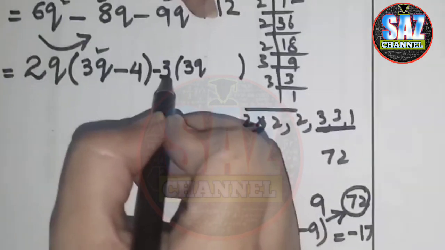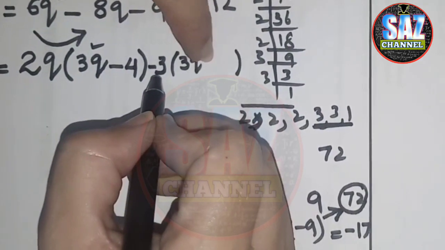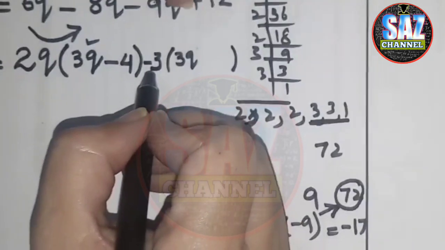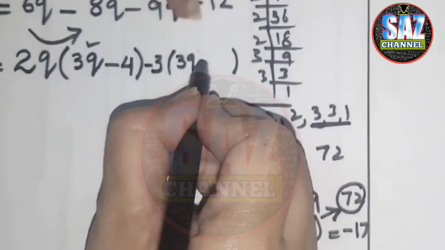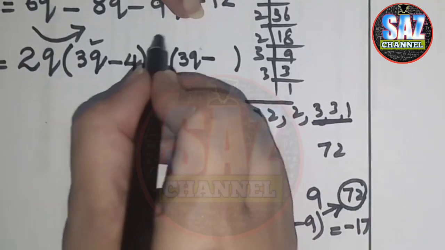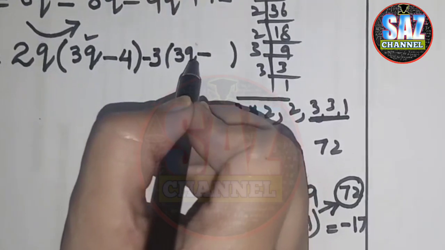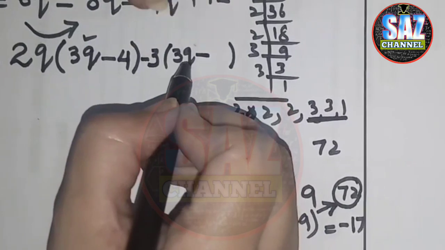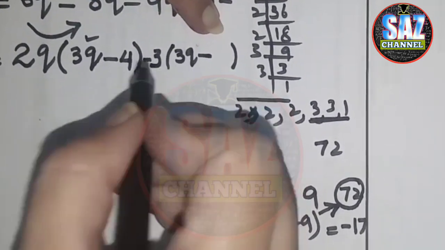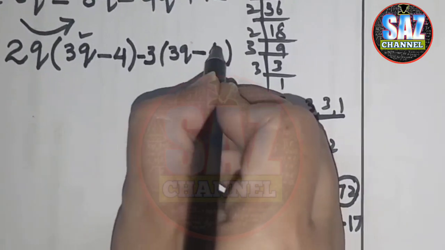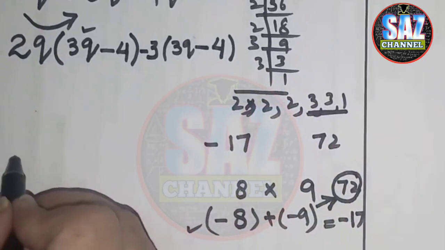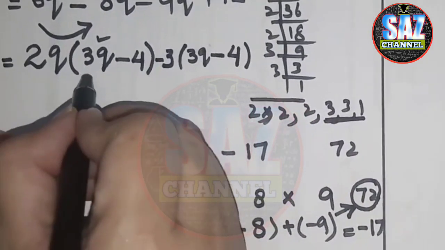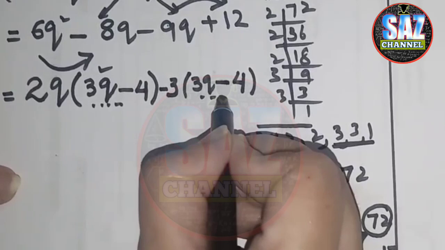I have to think what sign I have to write over here to get the positive sign back. We know that when we multiply minus sign with minus sign, the product gives us the positive sign. So here I have to mark a negative sign, and then write 4 at this place. Now again you can see that this group is common, this group is common.